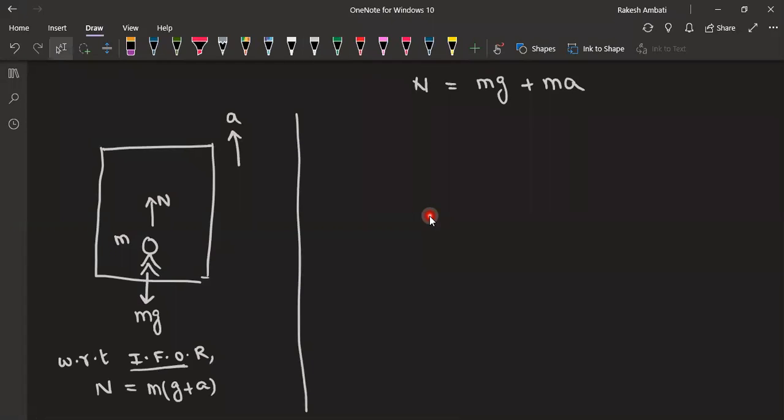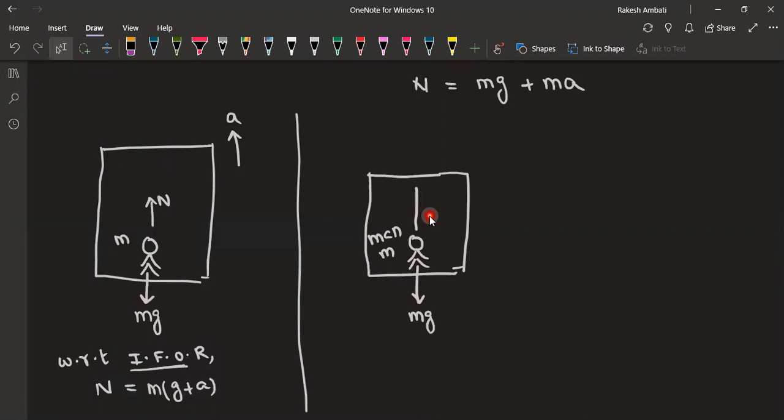Now the same question I'm doing by using a non-inertial frame. For example, here it is a lift. Inside the lift, a man is standing and the mass of the man is m. His weight mg acts in the downward direction, and a normal force acts on the man in the upward direction. I'm taking an observer inside a different lift. So he is the observer.